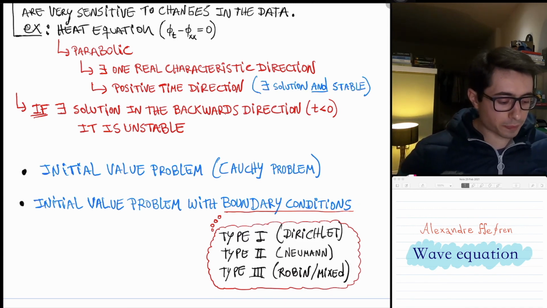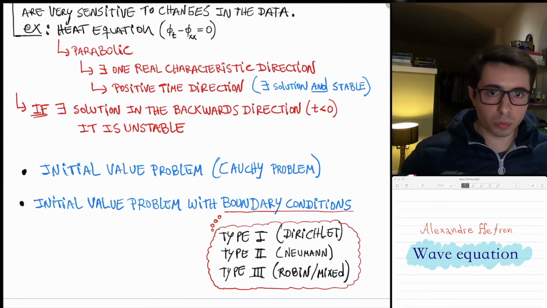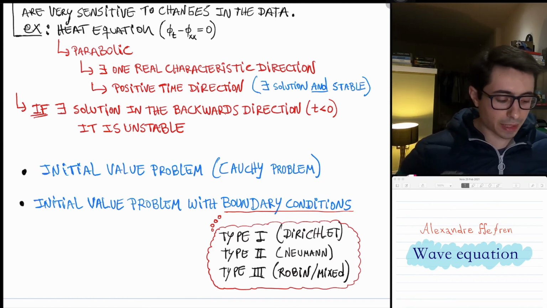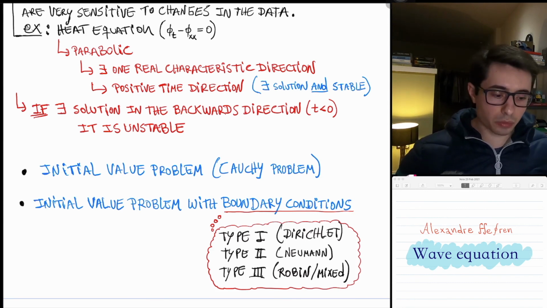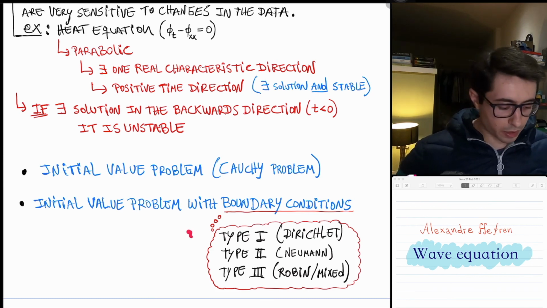However, because we have boundary conditions, we have 3 types of boundary conditions. Type 1 is what we call Dirichlet boundary conditions. In that case, our boundary conditions are restrictions upon the function itself, in that case phi.